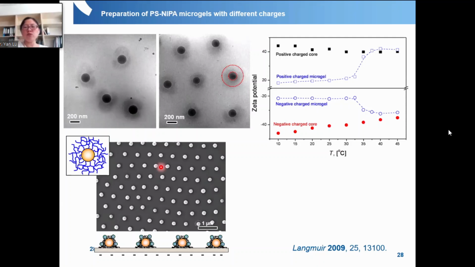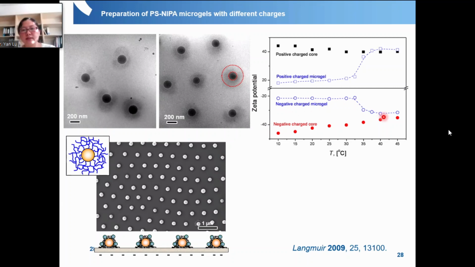I give you also one example using the drop casting. This is a colloidal particle based on polystyrene as a core with a cross-linked polymer shell. And this particle can be synthesized by using different surfactants. Then you can get either positively charged microgel particles or negatively charged microgel particles.